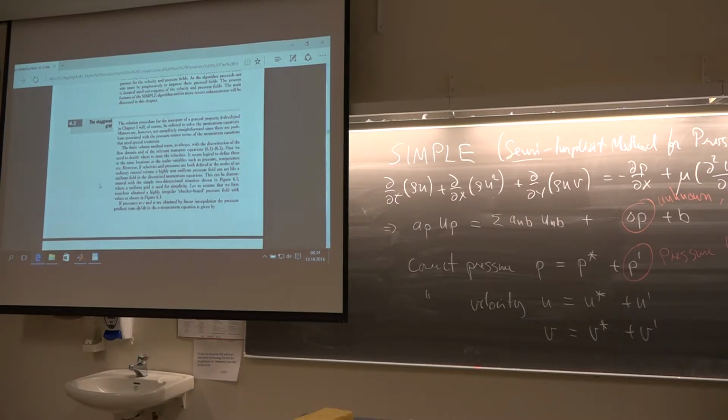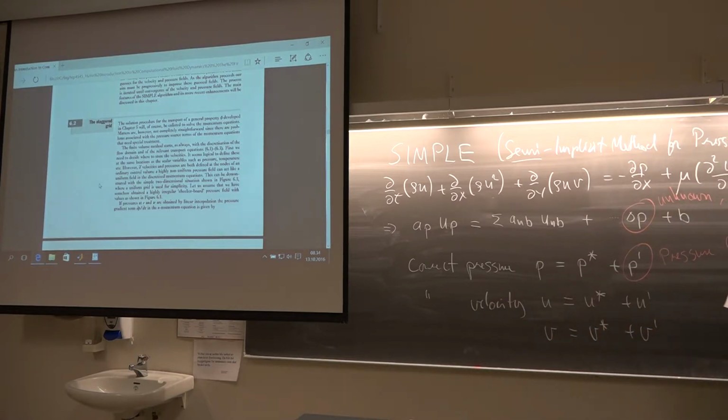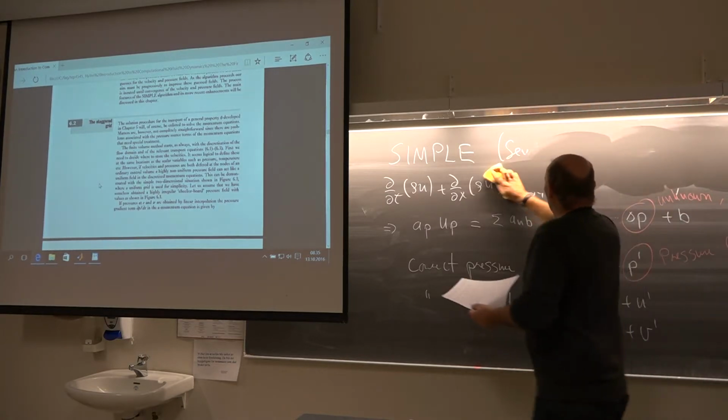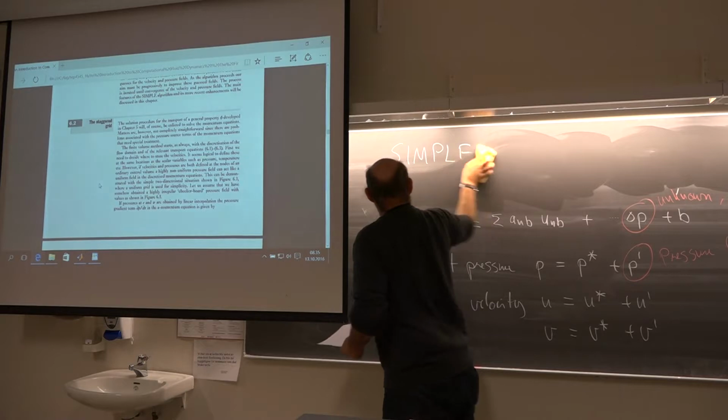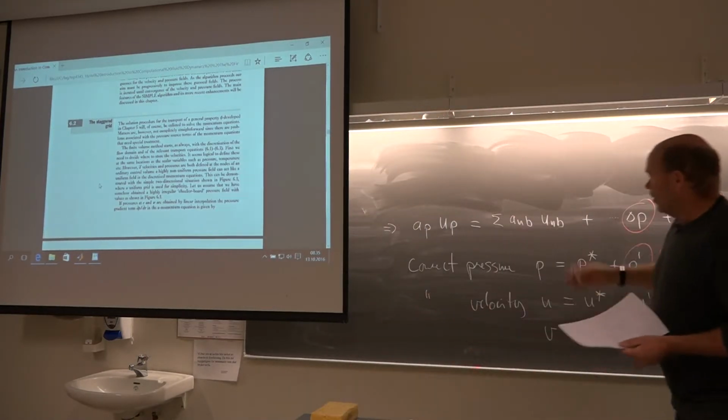So what do we do? Well, this was the equation that we would like to solve, and sadly we can't. So, well, if we had the right pressure, yeah, that would be very nice, but no, we don't have it. So as with the SOLA algorithm, we solve what we can.